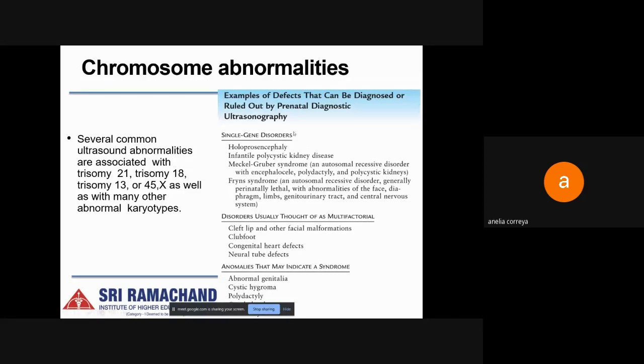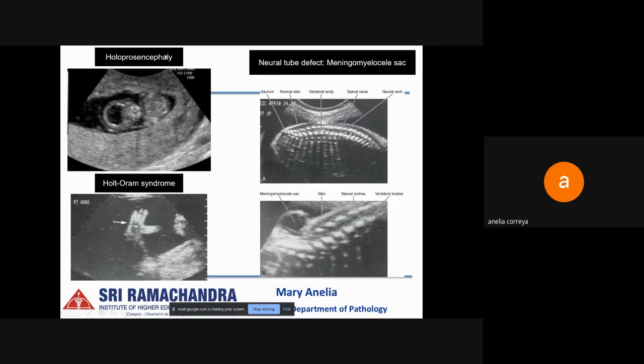We have single gene disorders like holoprosencephaly and infantile polycystic kidney disease. We have disorders thought of as multifactorial like cleft lip, clubfoot, congenital heart disease, and neural tube defects, and also certain anomalies which can indicate a syndrome like abnormal genitalia, cystic hygroma, polydactyly, omphalocele, and radial ray defects. This is just images to show.